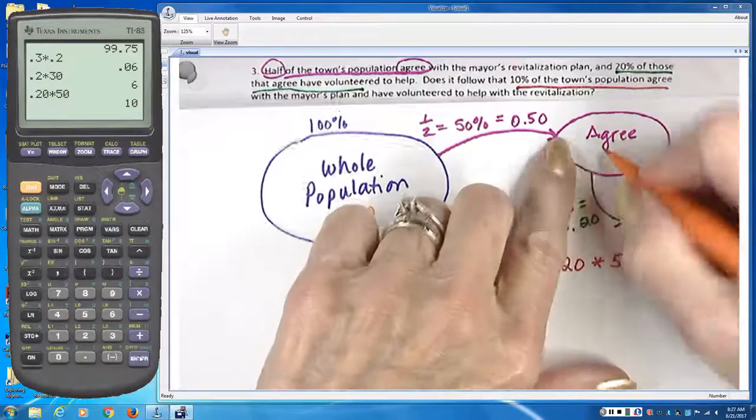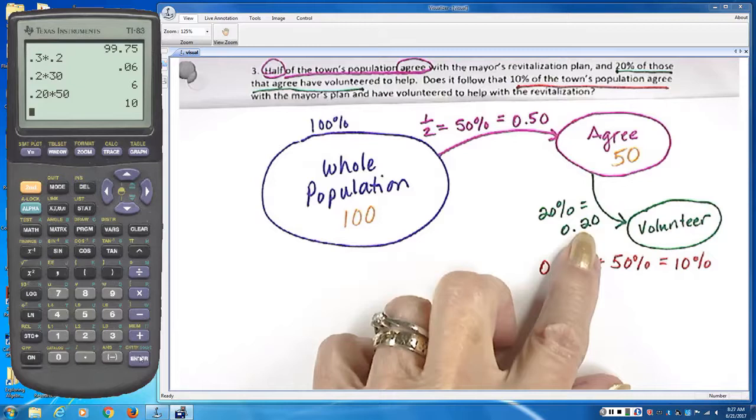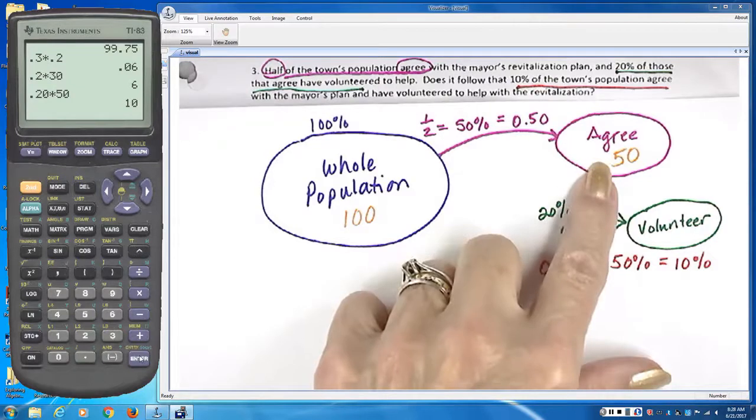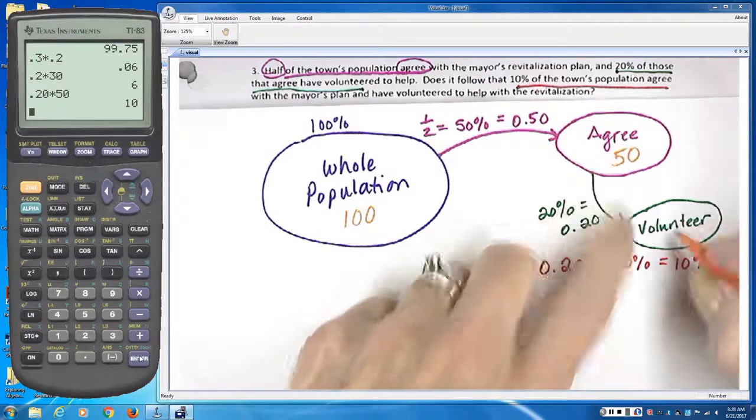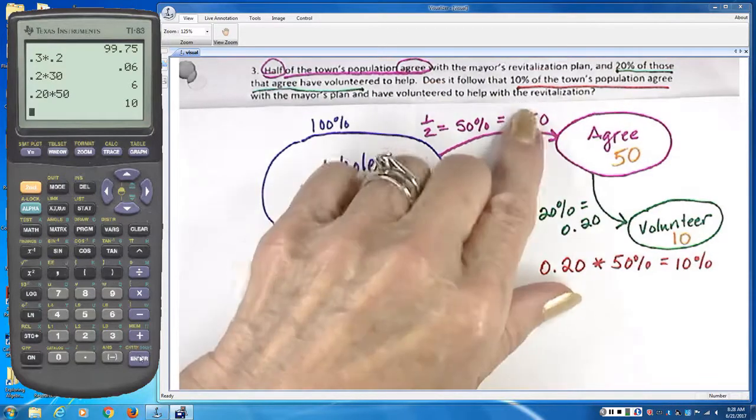Half of them, so that's 50 of them. Now, 20% of that 50 would be how much? 10 people? So 10 people volunteer. Now let's check and see if that jives with this last statement.